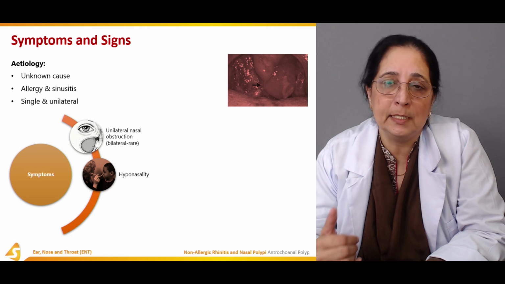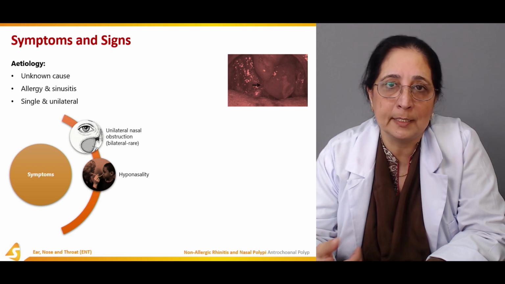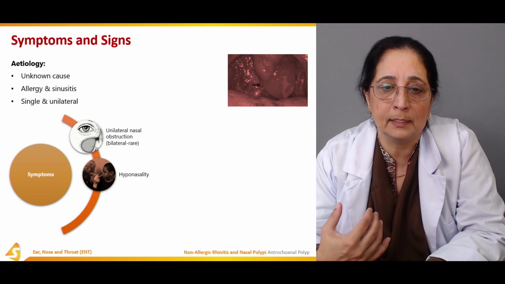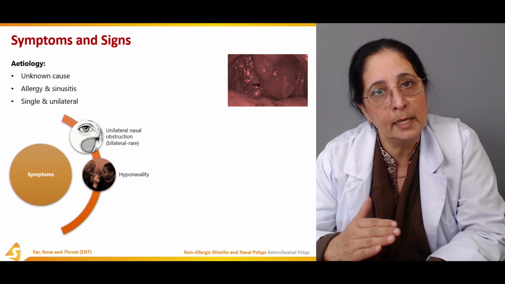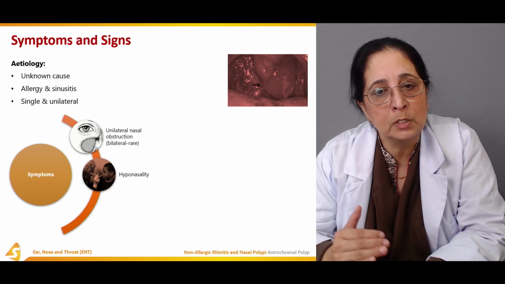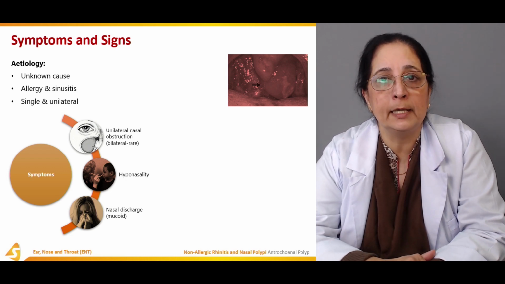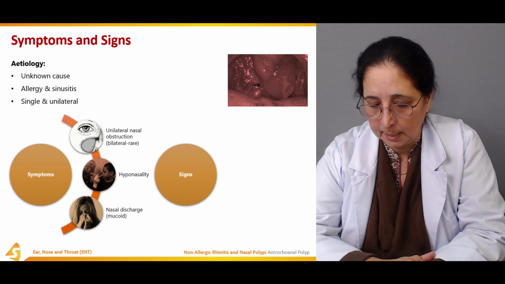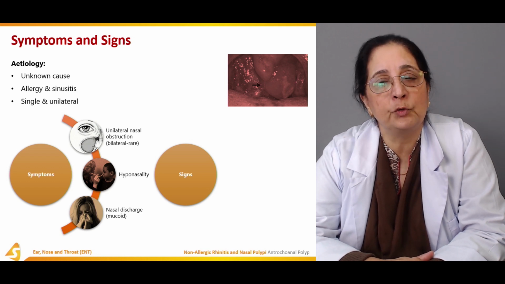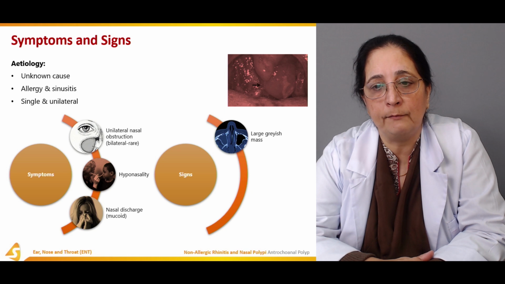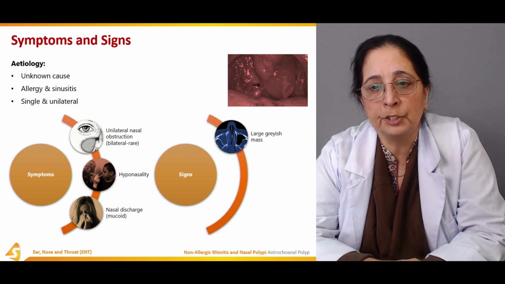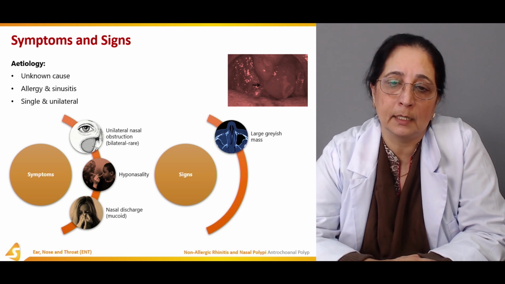Hyponasality is also present. The voice is affected. Nasal discharge, which is mucoid in nature, is present. The signs of antrochoanal polyps: we have a large grayish mass present.